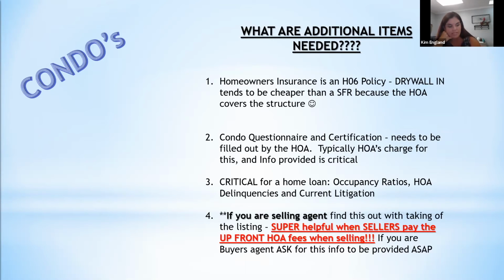It's important that the HOA is actually solvent and receiving the HOA dues from the other homeowners. 15% or lower is super great. And current litigation, this one's popped up a couple times in the last couple of weeks. If somebody is suing the HOA and it has to do with anything to do with building, it will delay or stop the financing. So current litigation is important also.